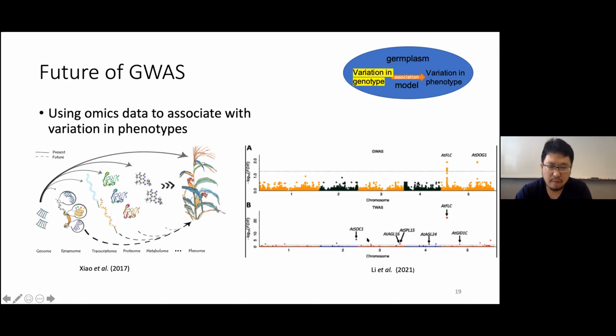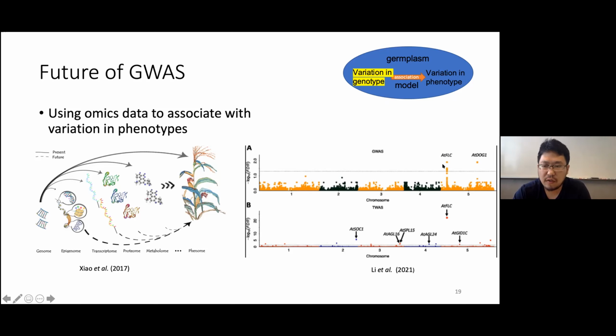For example, right now, there are a lot of studies using a method called transcriptome-wide association study, or TWAS. Instead of using the polymorphism of DNA, like SNPs, to associate with the phenotypic variants, this method uses the gene expression level as explanatory variables to associate with the variation of phenotype.